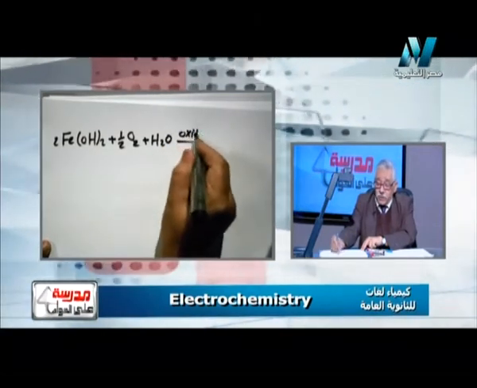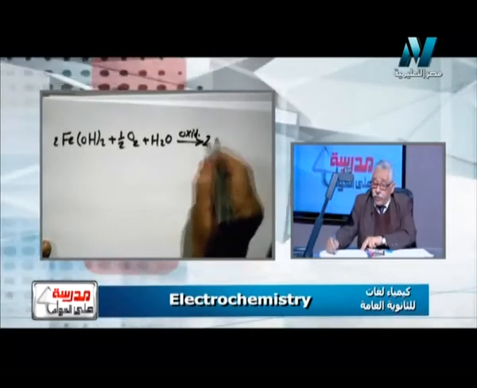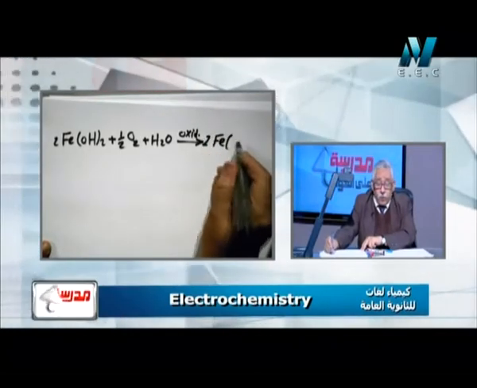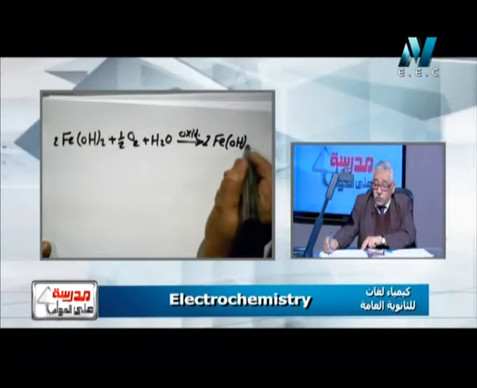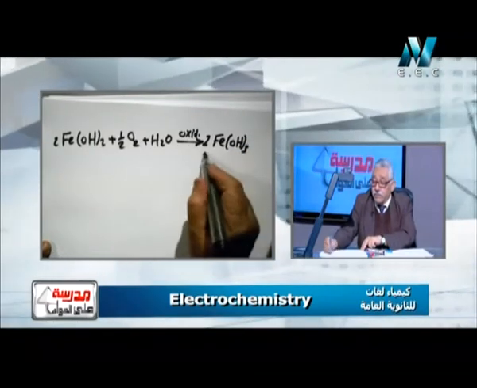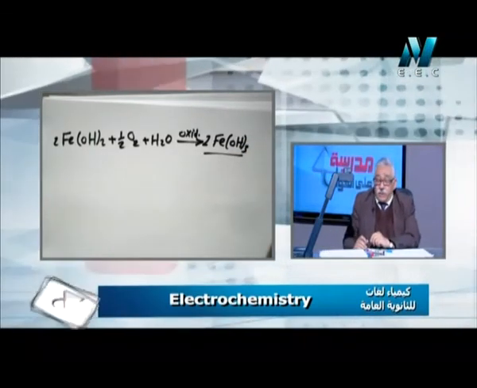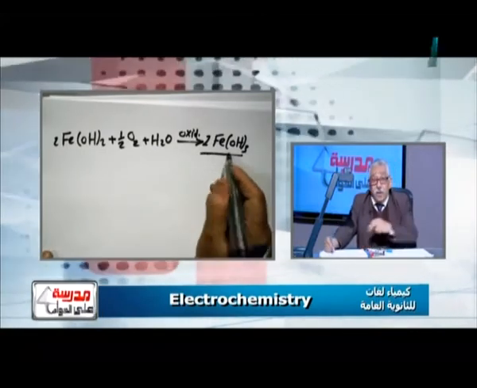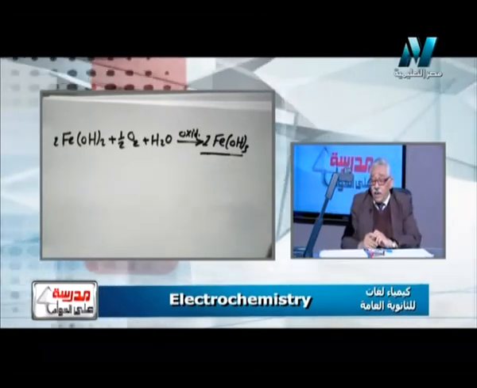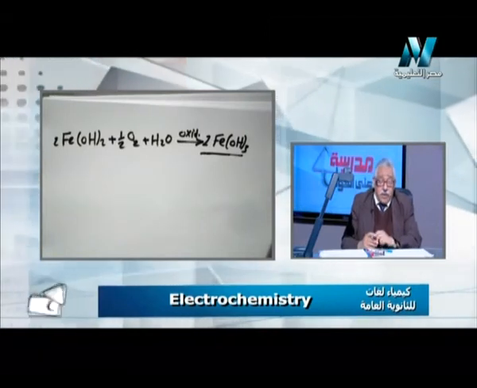Oxidation occurs to give 2 Fe(OH)3. This is the rust, iron 3 hydroxide.